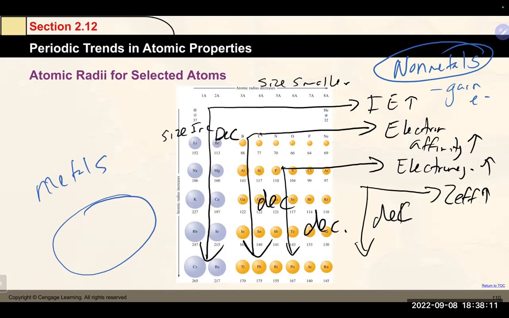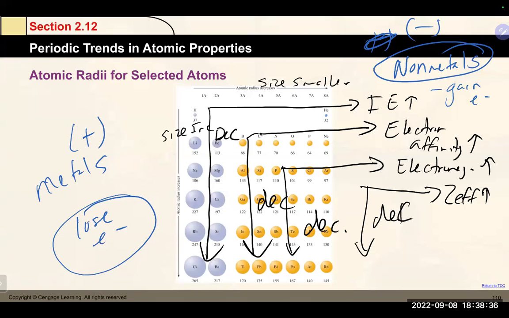And they have that lower effective nuclear charge, which is pretty much going to allow those outer electrons to kind of hang out there and be willing to be given away. And that's typically what we see with metals: they are the ones that will lose electrons and become positively charged, while these guys over here become negatively charged.